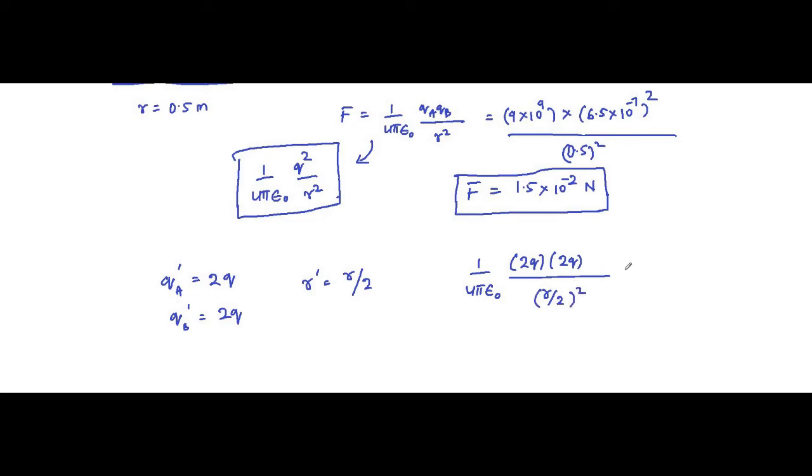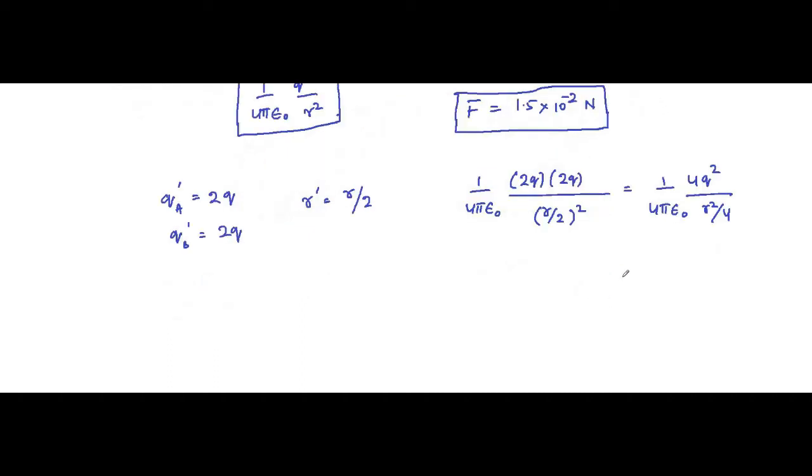This becomes 1 by 4 pi epsilon 0 into 4q square by r square by 4, that is equal to 1 by 4 pi epsilon 0 into 16q square by r square, or we can write it as 16 into 1 by 4 pi epsilon 0 q square by r square.